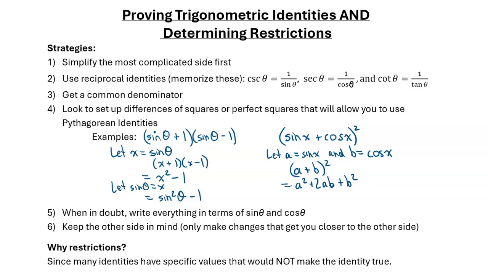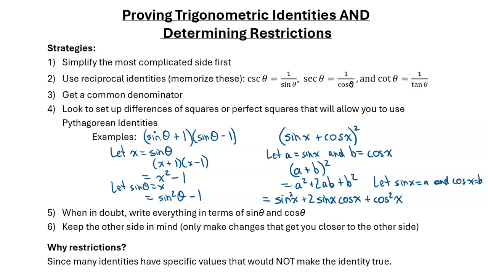And so now what we can do is if we go back to let sine of x equal a and cos of x equal b, then what we get is sine of x all squared, so sine squared x, plus 2 sine x cos x, plus b all squared, so cos squared of x.